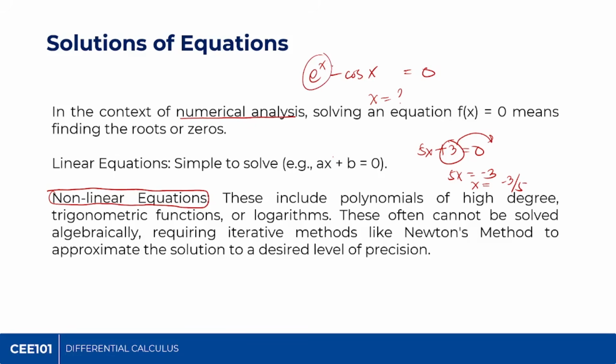Especially when we have a constant being raised to a variable x. In cases like this, it is considered a nonlinear equation. This is what we call a nonlinear equation. For this, we use the Newton-Raphson method, or what we call a numerical method.